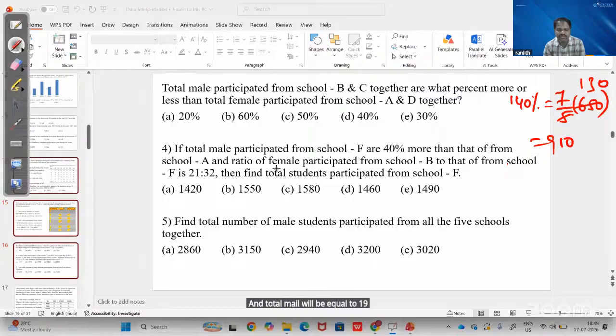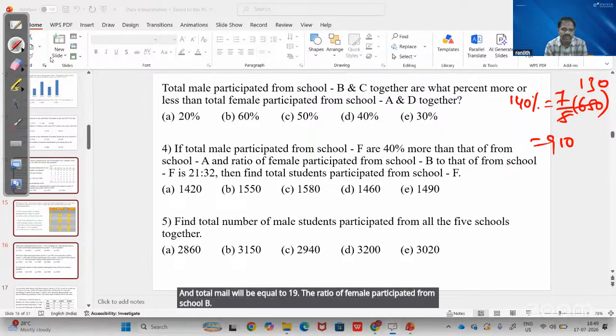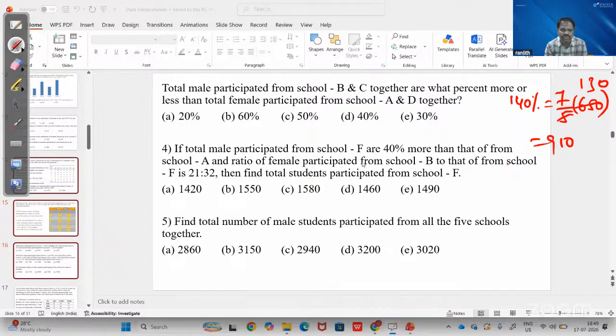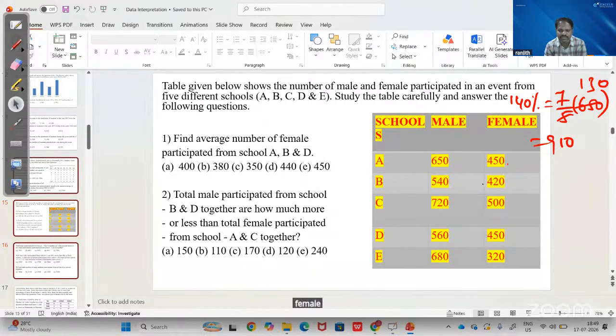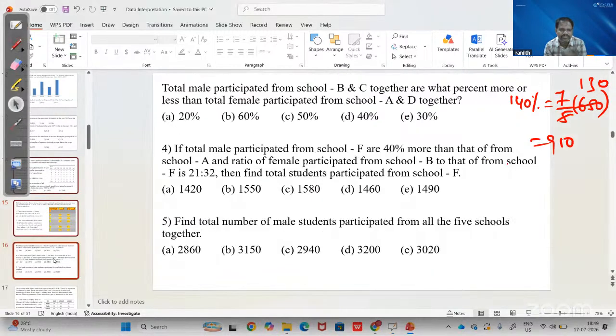The ratio of females who participated from school B to females from school F. Female from B to F. One second.